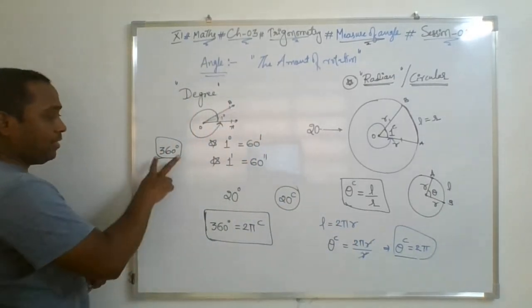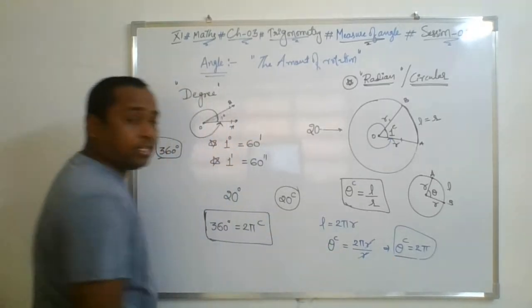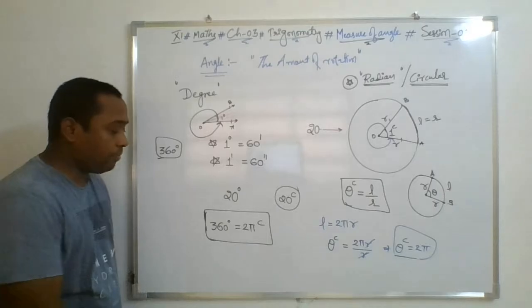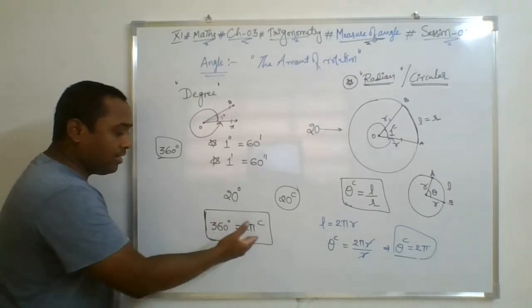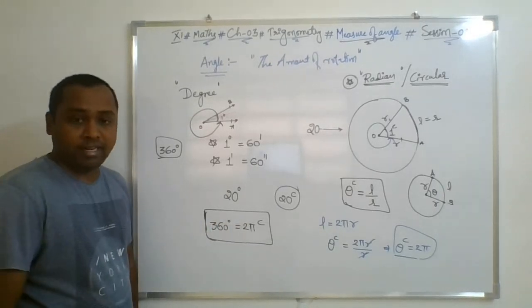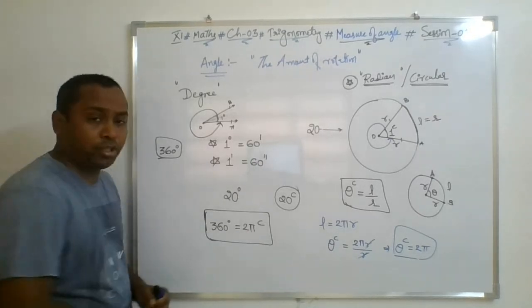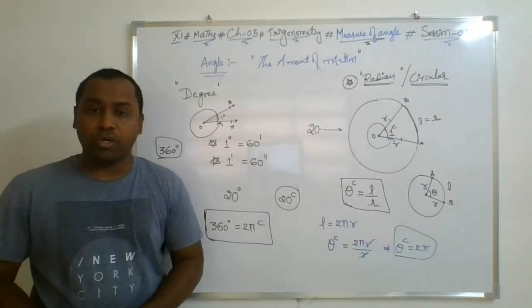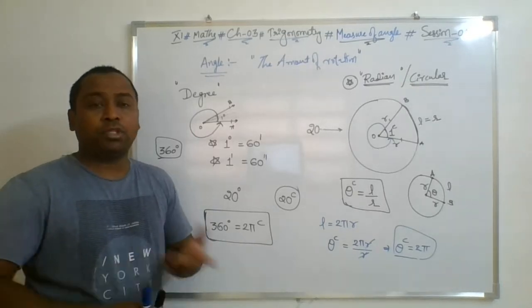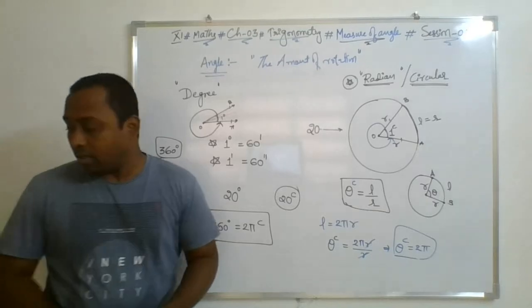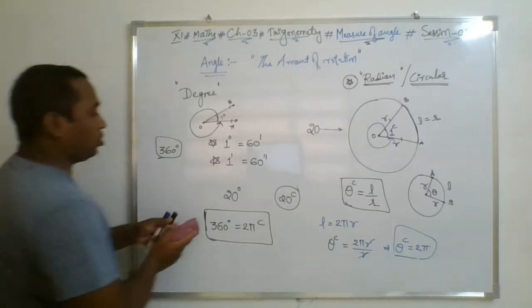Hence, 360 degrees and 2 pi radians are the same amount. So I can say 360 degrees means 2 pi radians. Getting? Now this is the relation we are going to use for conversion from degree to radian and radian to degree measure. Let's discuss that.